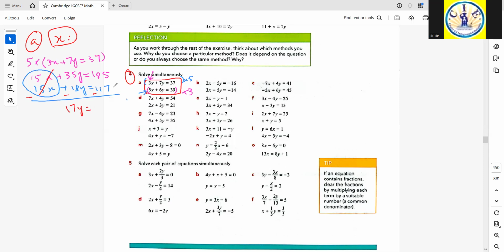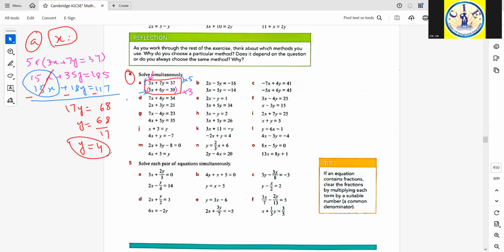And this will give me 17y. So the value of y is 68 divided by 17, which is 4. So the value of y is 4.